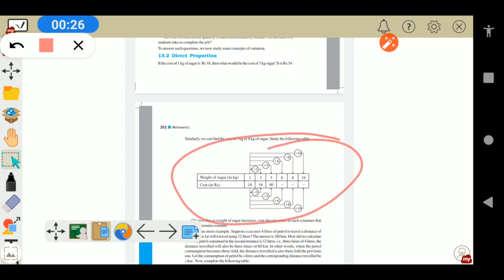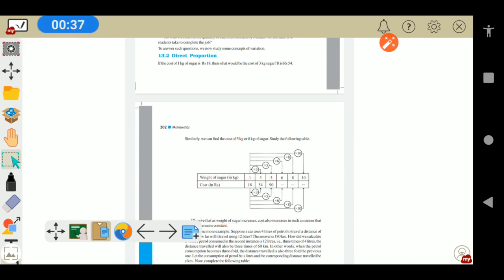In this, the weight of sugar in kilograms is given and the cost of sugar in rupees is also given. You can see here that 1 kg of sugar costs 18 rupees and 3 kg of sugar costs 54 rupees.